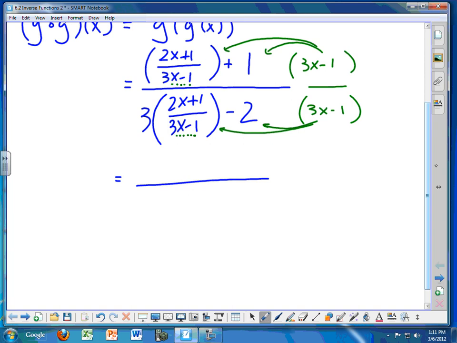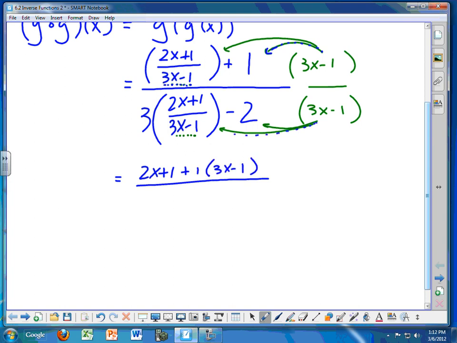And let's do this with the numerator first. As we multiply the first one, we end up with this 3x minus 1 canceling with the 3x minus 1 outside, leaving just 2x plus 1. And of course, in the second case here, with the 1, we just put plus 1 times 3x minus 1.